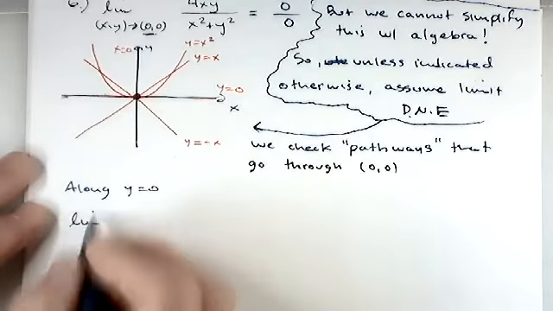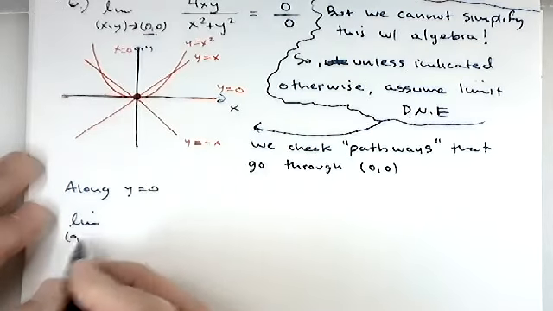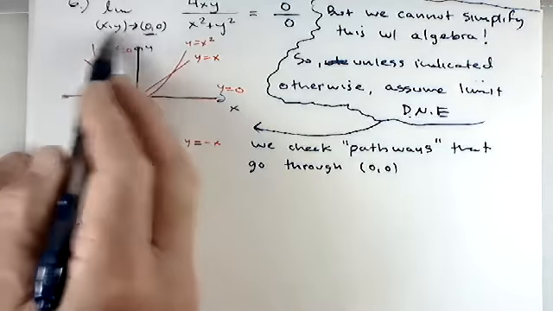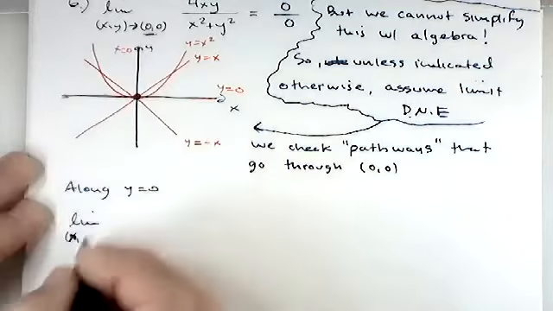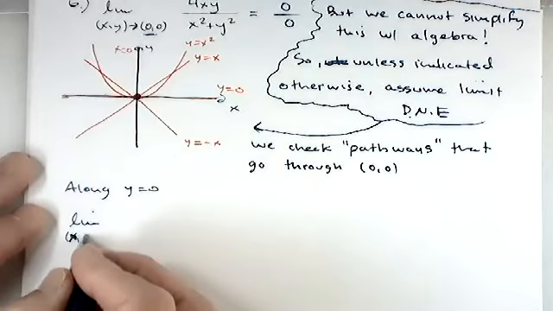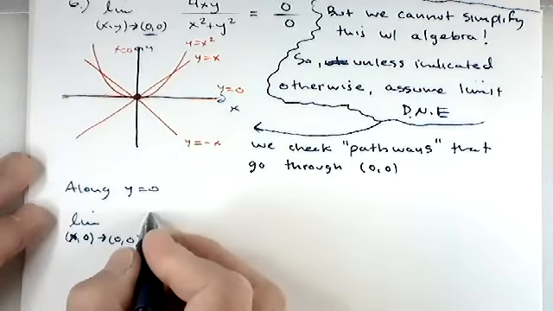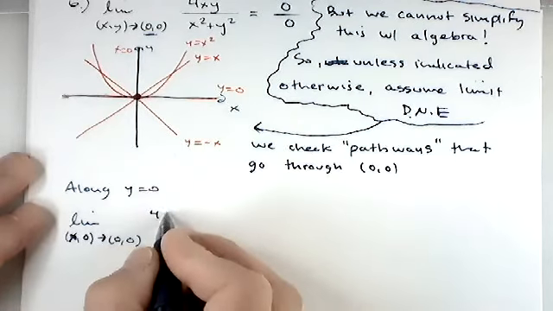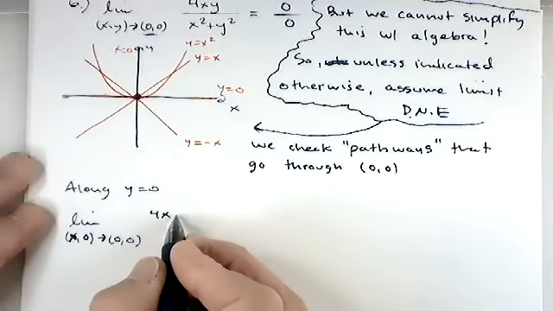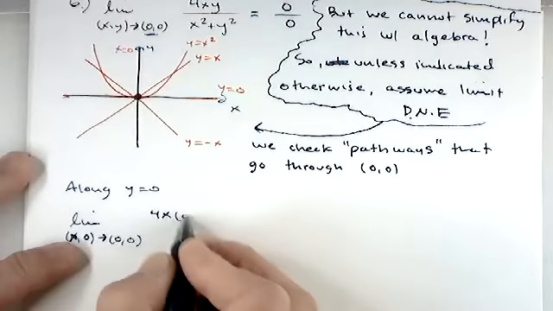Here's how this works. So I have x, y approaching 0, 0, but I'm going to be letting y be 0. So I could say x comma 0 approaches 0, 0 for 4x. Okay, if y is 0, this is just 0, isn't it?